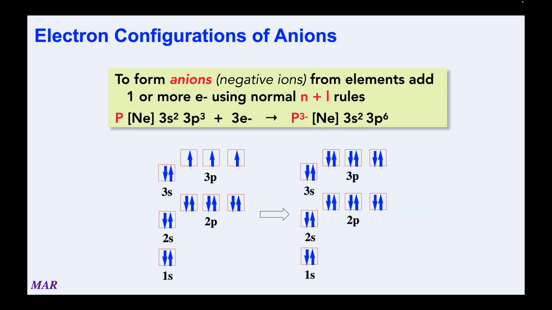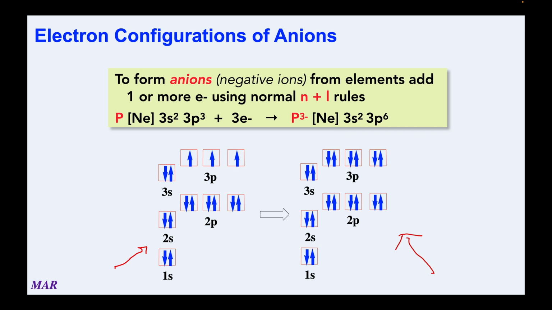If you want to form anions, negative ions, or cations, positive ions, you can do that with these two. I'm going to show some examples here with orbital boxes. For anions, you would literally just add the additional electrons using normal rules. On the left-hand side here, we have phosphorus. On the right-hand side, we have the phosphorus minus 3 ion, phosphide ion.